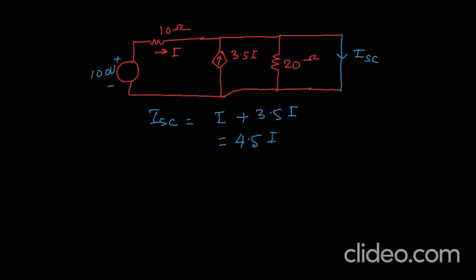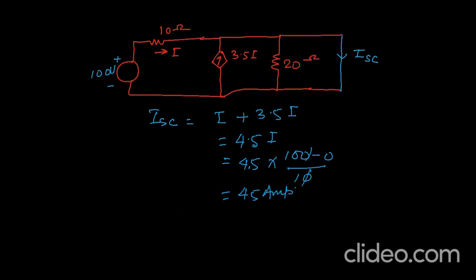So now we need to find the value of I. What is I? Because here 100 volt and here shorted, so it will be 0 volt here. So current I will be equal to 4.5 multiplied by I will be equal to 100 minus 0 divided by 10. So 10, so it will be 45 ampere. ISC is 45 ampere.